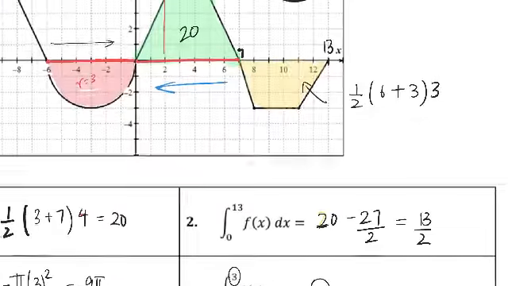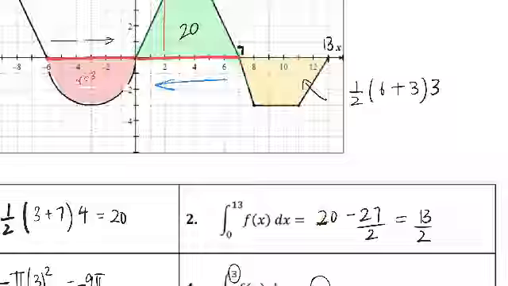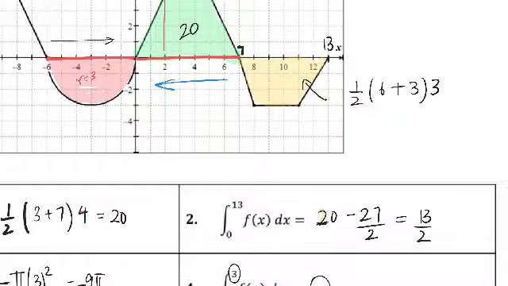Okay, 10 to 4. So here we are going from, let's just check this out. We're going from here, 10 to here, 4, okay? So I'm going to need these two trapezoids, this one right here, which is under the axis, and this one right here, which is over the axis.